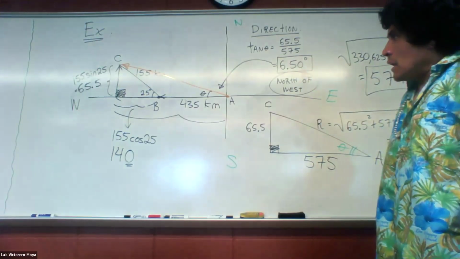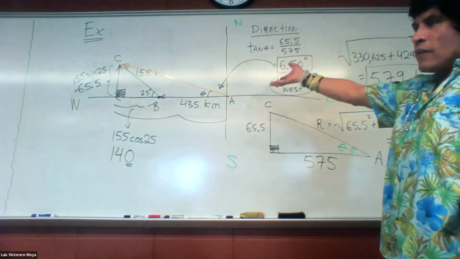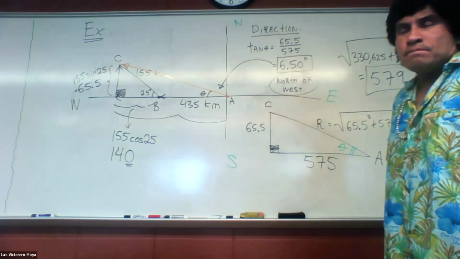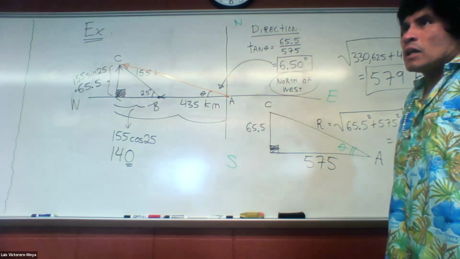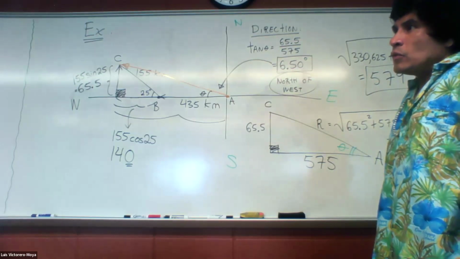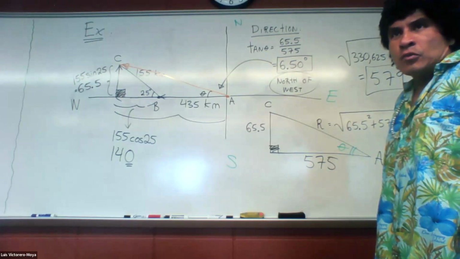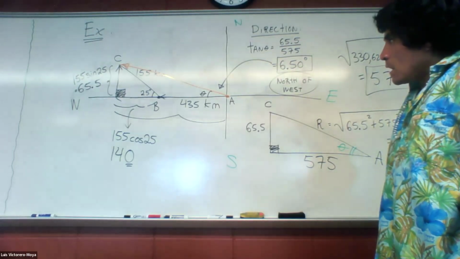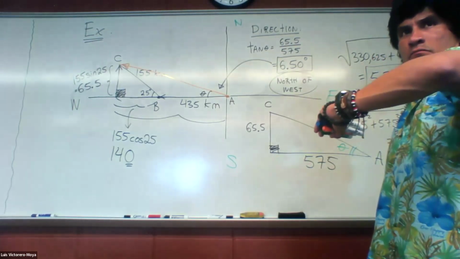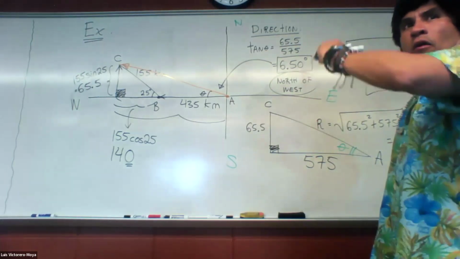Okay, now here we had a real life example with two vectors. We didn't have to add them, but now let's say that we want to add two vectors. I want to give you two vectors. You're going to have to add them, okay? One will be in the X and Y, but one will be at an angle.